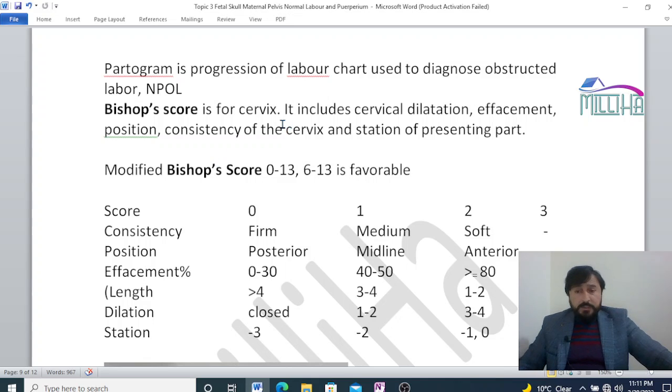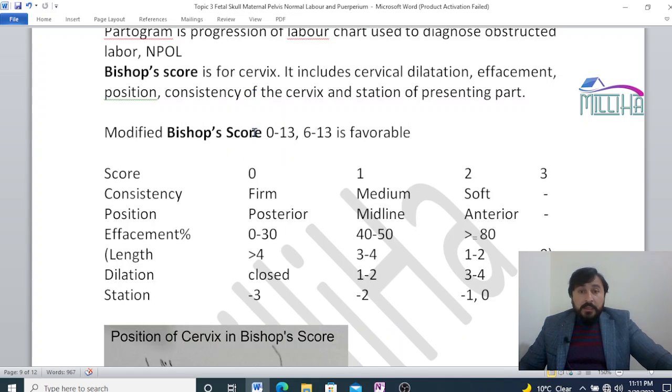Bishop score. This is very important. You should understand Bishop score to make a decision and to predict an induction of the vaginal delivery or spontaneous delivery, or whether you should go for a surgical delivery or a cesarean delivery. So you should understand the Bishop score. So consistency of the cervix and stations of presenting part.